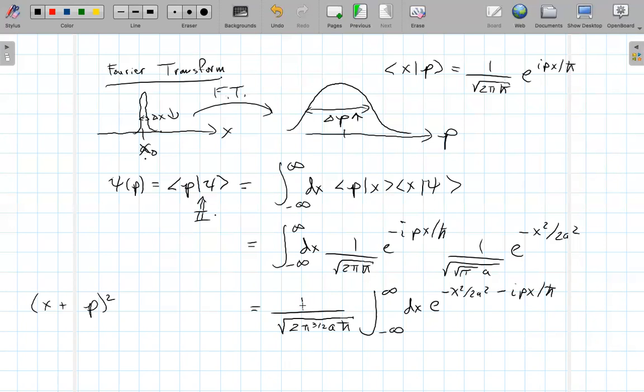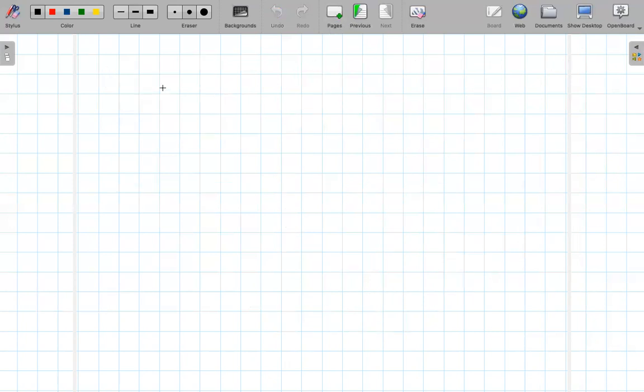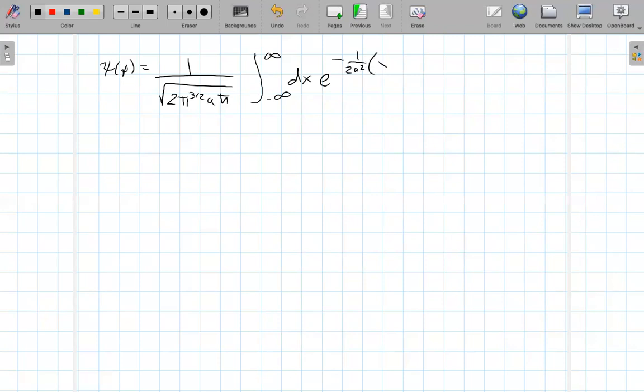So the way to do that is, let me write out psi of p then, is equal to, let me get my prefactor again, the square root of 2 pi to the 3/2 a h bar, integral from minus infinity to infinity, dx of e to the minus 1 over 2a squared times x plus i p a divided by h bar, quantity squared, minus p squared a squared over 2 h bar squared.